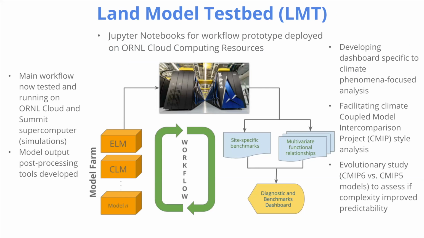And the main idea was to develop a workflow that would allow us to execute a collection of land surface models on big hardware like the Summit machine, which is the number 2 in the top 500 fastest computers in the world, located at Oak Ridge National Lab.